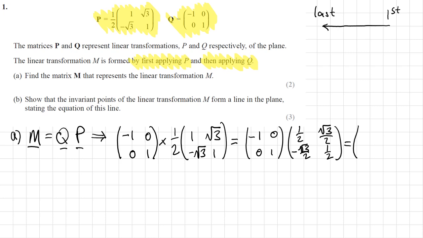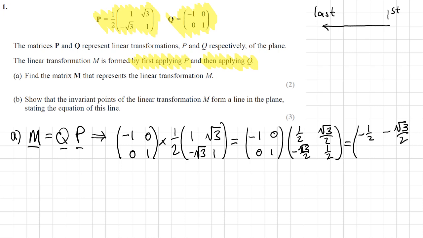So first row, first column, negative 1 times a half plus 0 times negative root 3 over 2 is just going to be a negative half. All right, first row, second column. So negative 1 times root 3 over 2 plus 0 times a half just leaves us with negative root 3 over 2.